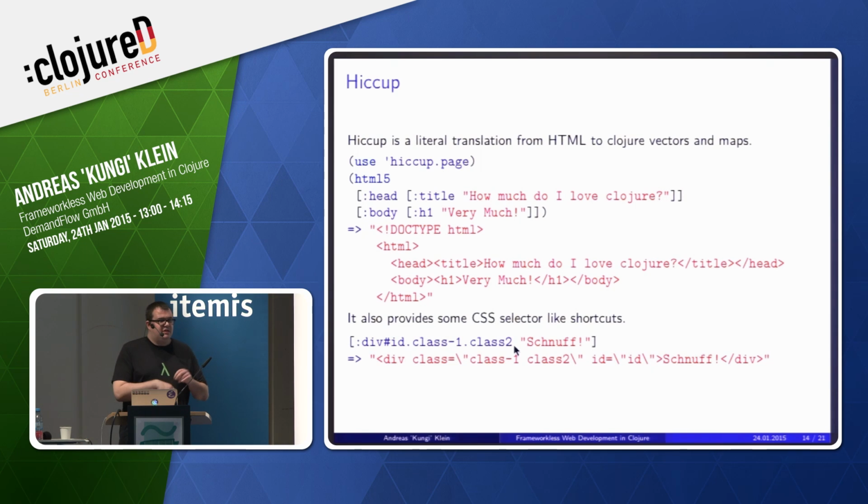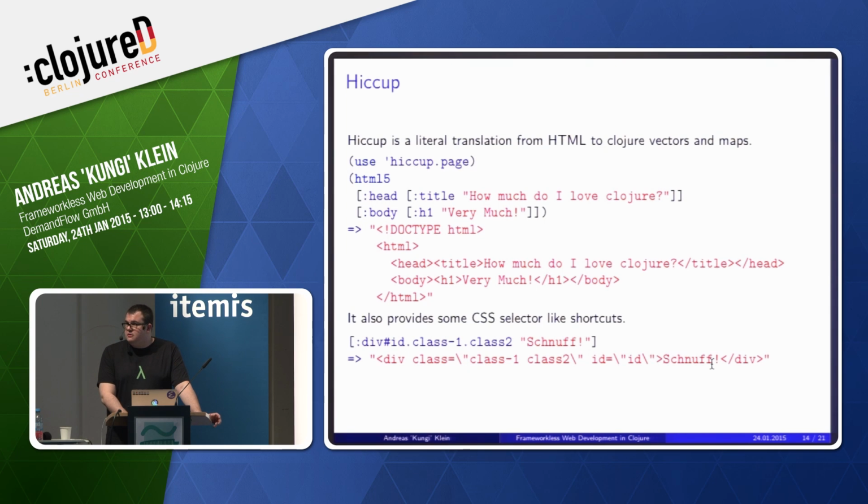We can just chain the different classes with the dot together at the end and have the ID with a hash sign in front. This, for example, shows us the div class, then the two classes, the ID and what I put into the div.